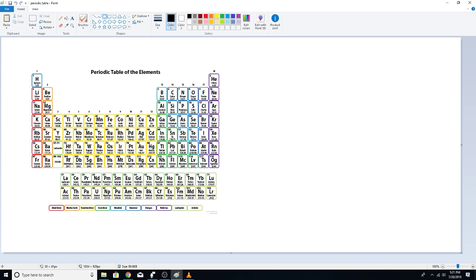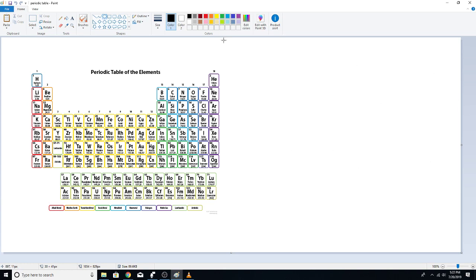Well, basically, an isotope of an element, or a certain kind of element within the periodic table, has a different number of neutrons compared to the others or the average version.